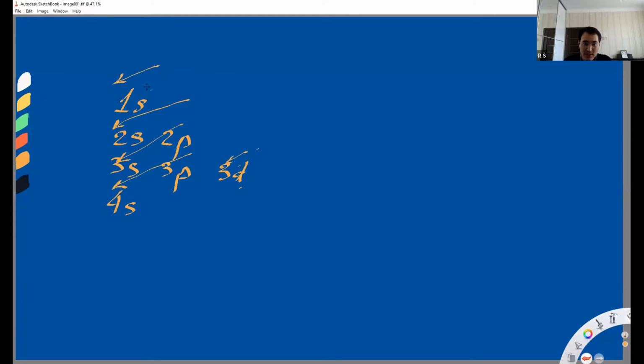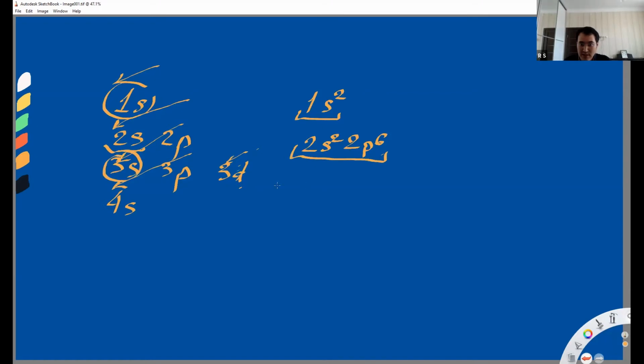The maximum that an s orbital can take is 2 electrons, so the maximum is 1s2. Then we start with the second level. So it goes 2s2 and 2p6. After 2p6, we switch to 3s. So it goes 3s2, 3p6. And after we fill these 3s2, 3p6, we start with 4s2, and then we go to 3d, okay?